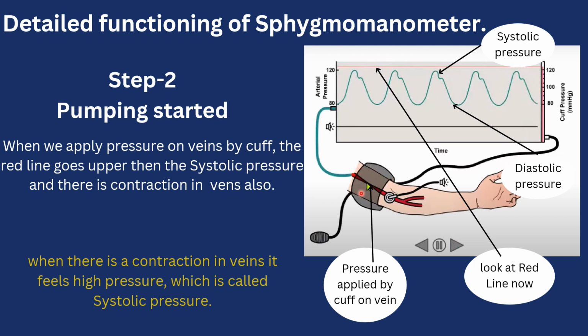There are the wings of the human hand. It is contracted. In the previous slide, there is no contraction. This contraction is because of the pressure applied by the cuff. And here is the red line. Here is systolic pressure, diastolic pressure.